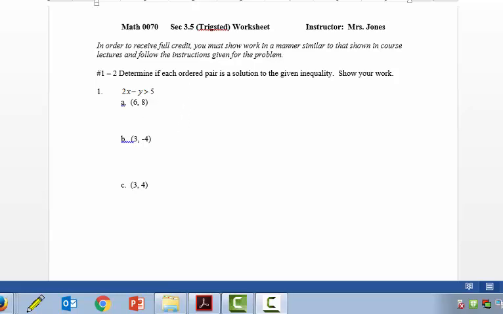The way we do that and justify our answer is to substitute 6 for x and 8 for y for the first point in the inequality. We're going to replace x with 6 and y with 8, and see if what results is true or not.